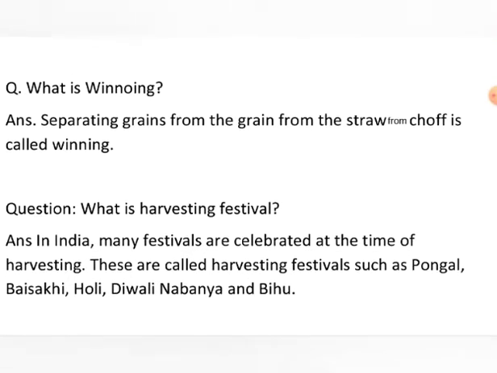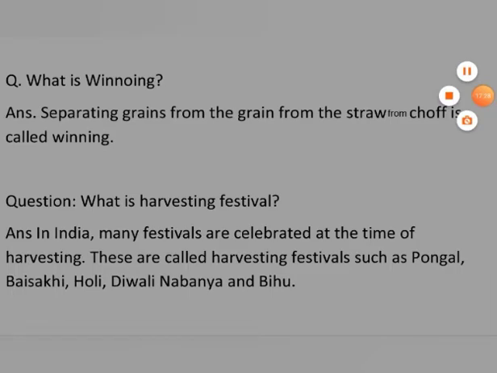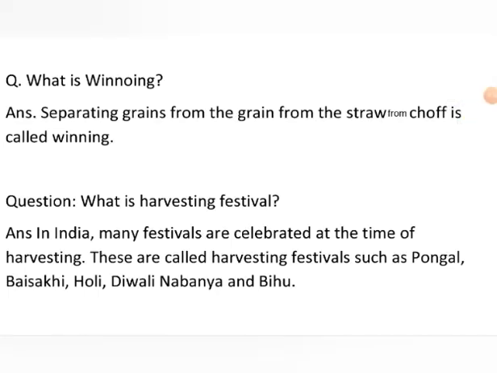What is winnowing? Then there is another process in agriculture, winnowing. The separating of the grains from the straw or the chaff of the crop is called winnowing. You must have seen sometimes at your home your mother, when she grinds the wheat grains to make flour, she performs winnowing.